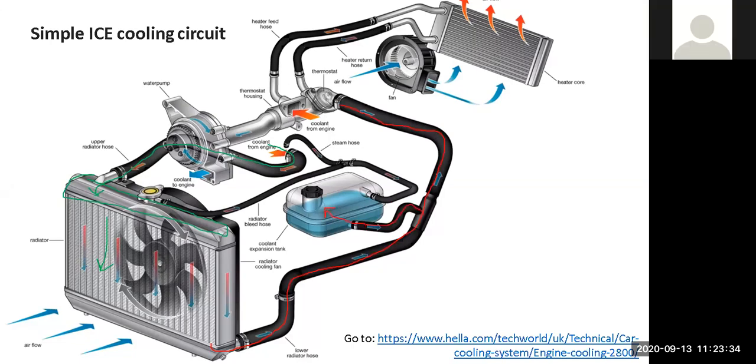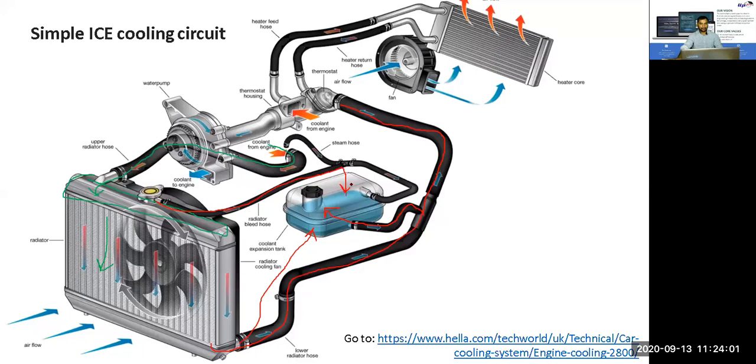This connection might come from here also, it is more common, or for the expansion tank, there is another connection, this one. So this is called the degas connection. What it does is, when the coolant exceeds the capacity of the circuit, the excess coolant or steam will go here to the expansion tank.